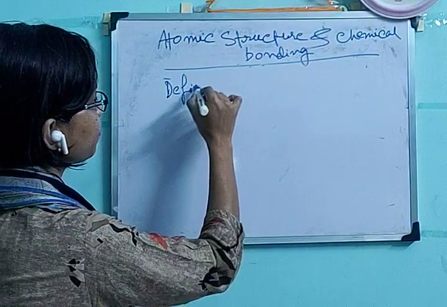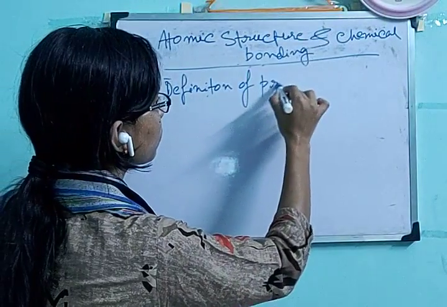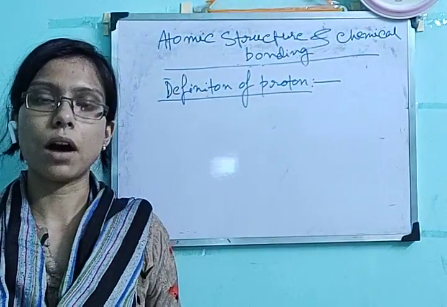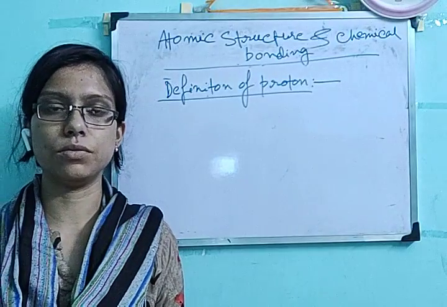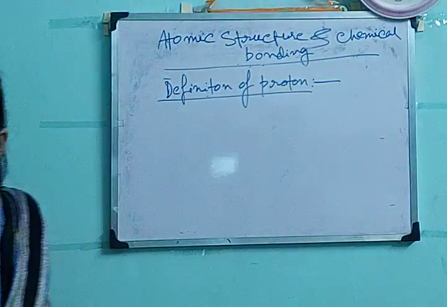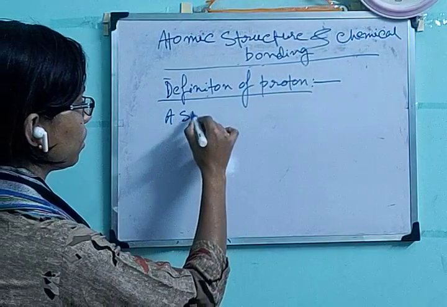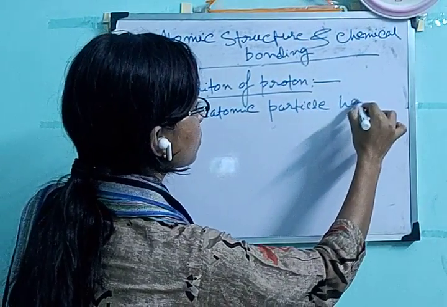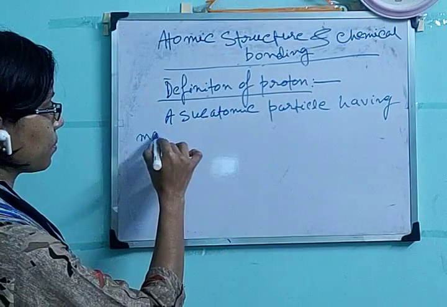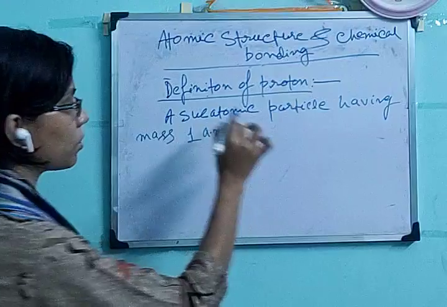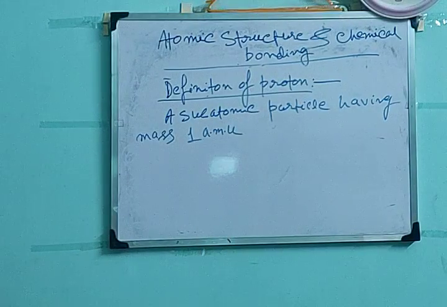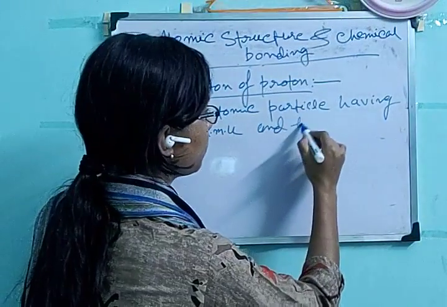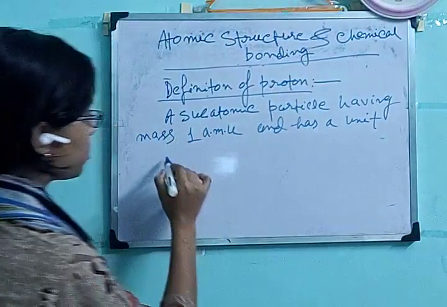Proton is a subatomic particle, and its mass is 1 AMU, that is 1 atomic mass unit, equal to that of a hydrogen atom, and it has a unit positive charge.